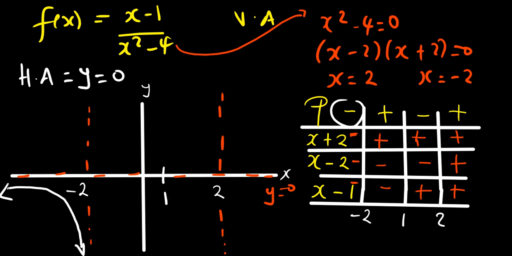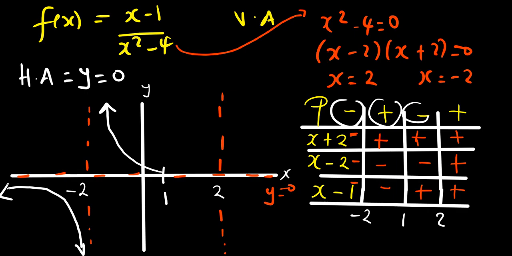Now the region between -2 and 1, what did we have? We had a positive. So it means we're going to move from here, going in the positive direction, approaching this asymptote like that. Then in this region, from 1 to 2, what did we have?